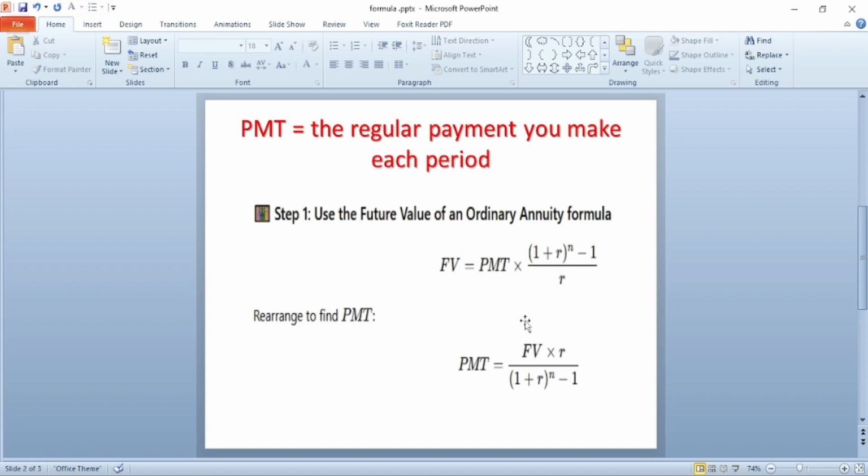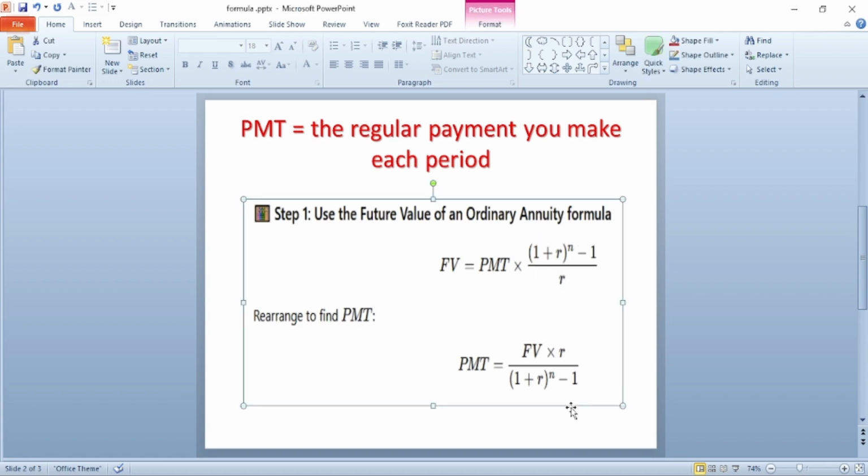So we can get this one: payment for each period, or regular payment, is equal to future value times R divided by, within brackets, 1 plus R to the power of n minus 1. Then the result will be the regular payment you make each period.